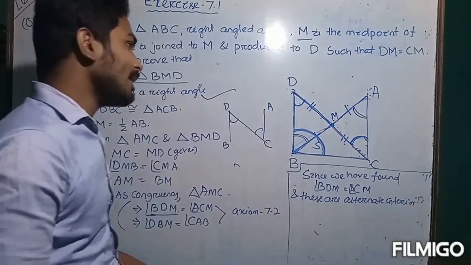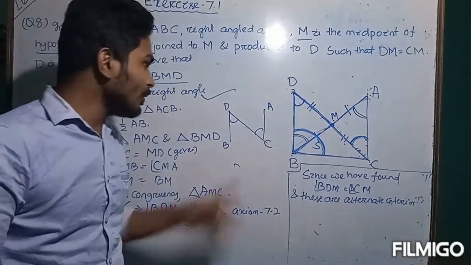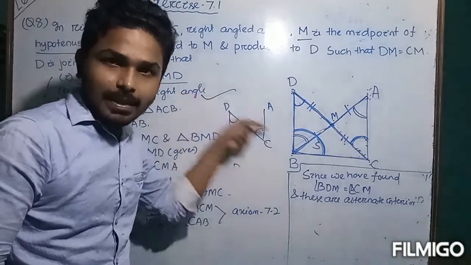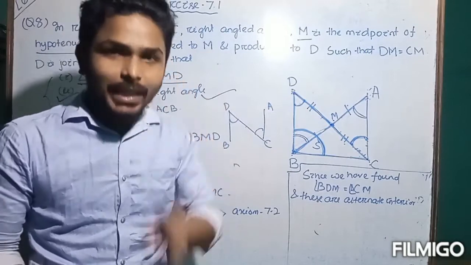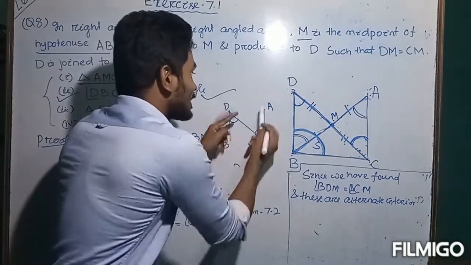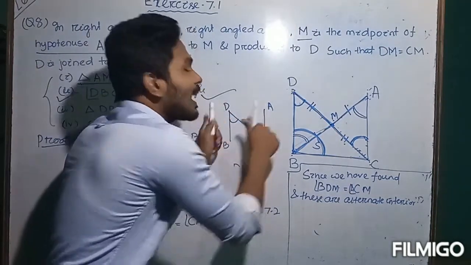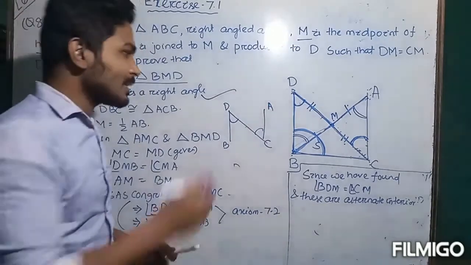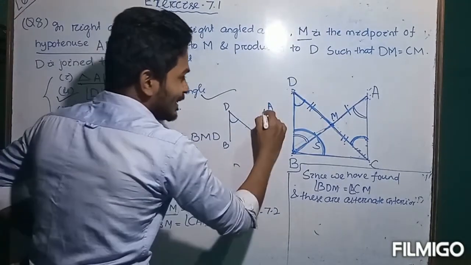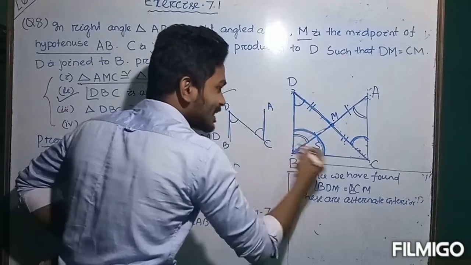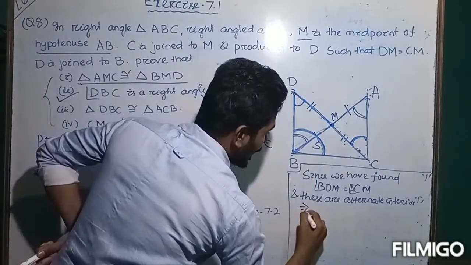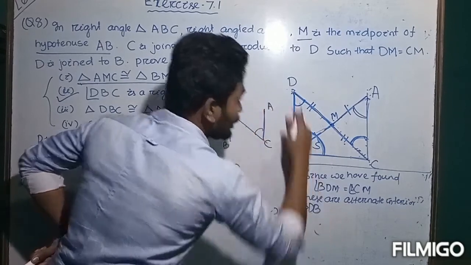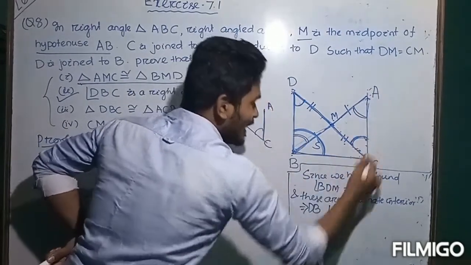Okay. Then remind the theorem. If there are two lines and a transversal line, and if the pair of alternate interior angles are equal, then these two lines will be parallel. So now you can write that this line and this line will be parallel. So implies DB is parallel to AC.